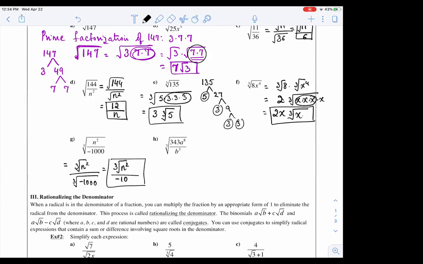Okay, now H. We're going to split the numerator and the denominator. The numerator is actually a product. It's a product of 343 and a to the power 8.